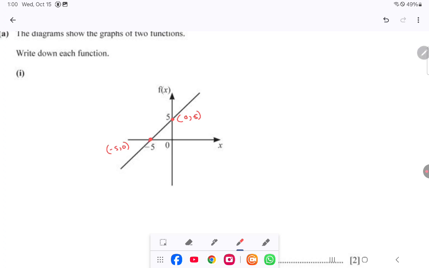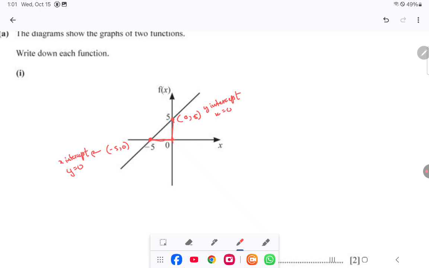This line cuts the x-intercept, on which the y value is 0, and this is the y-intercept, on which the x value is 0.